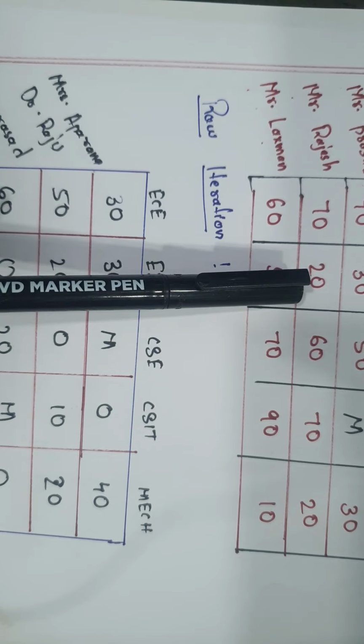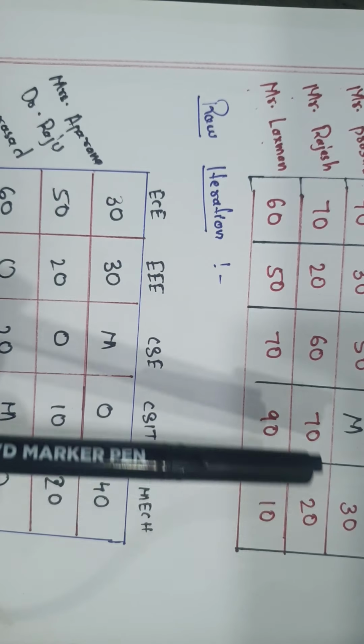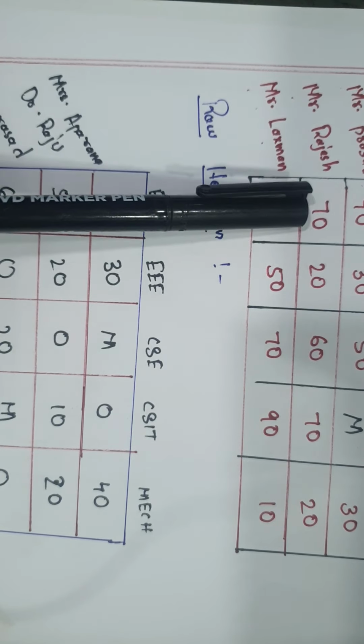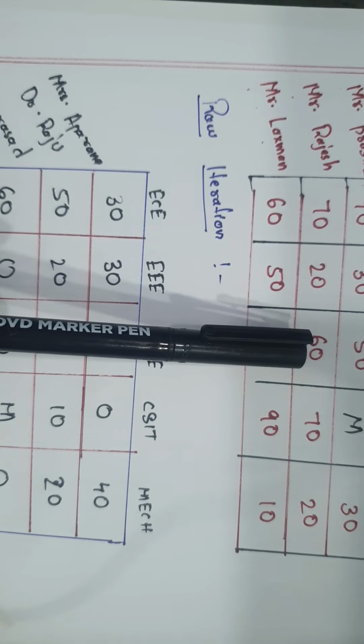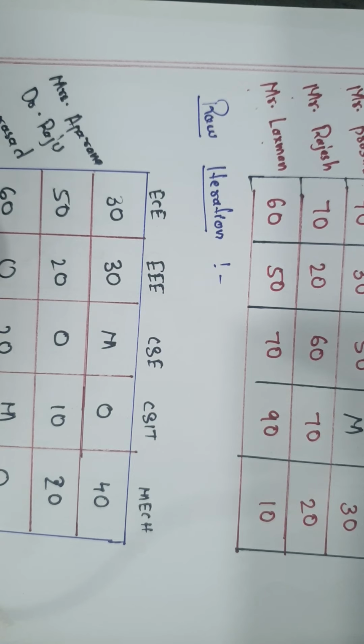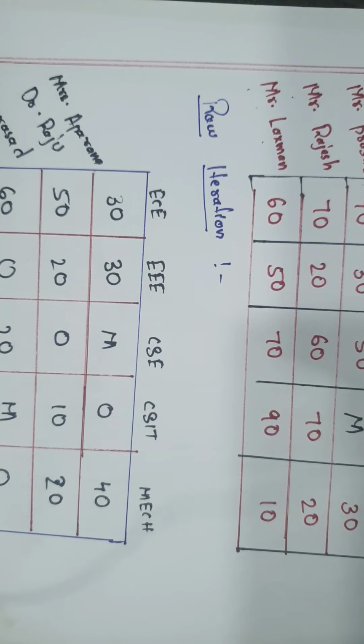Now after that, next one, Mr. Rajesh: 70, 20, 60, 70, 20. Which one is the least value among these five? 20. So 70 minus 20, 20 minus 20, 60 minus 20, 70 minus 20, 20 minus 20. So this one will become 50, this is 0, this is 40, this one will become 50, and this one will become 0.